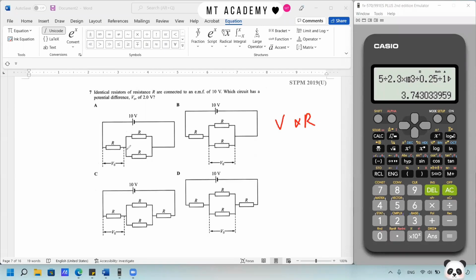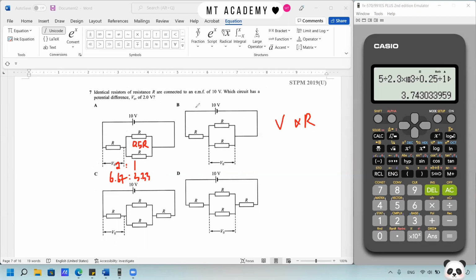For example, the parallel of 2 identical resistors R is equal to 0.5 R. So from the ratio perspective, the resistance is 2 to 1. So the voltage is 6.67 to 3.33. If you don't understand, you can calculate it by yourself, but this is through the knowledge of the ratio.